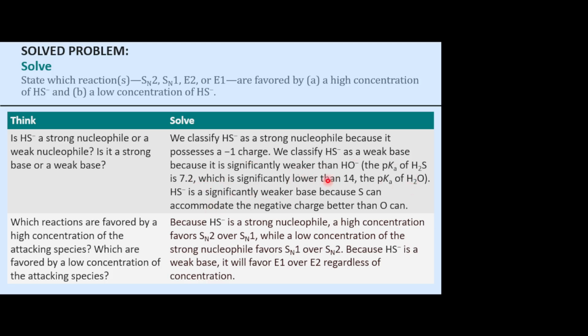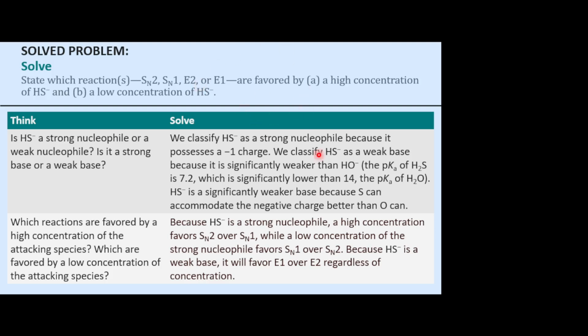Now, because the HS minus is going to be a significantly weaker base, that S can accommodate a negative charge better than the oxygen. So when we're looking at this weak base, that means the E2 is probably not in the cards, right? We're not going to see a lot of that E2.